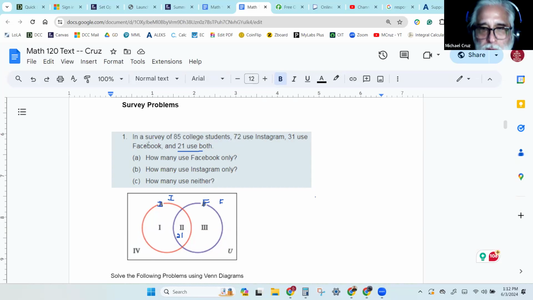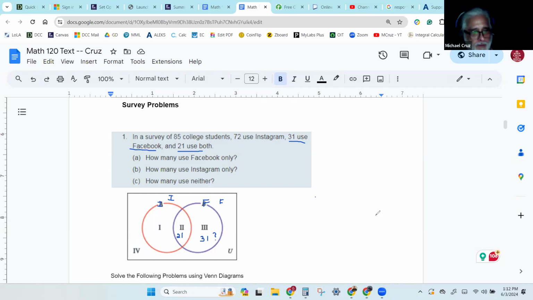So 21 use both. Now we're going to back up and we're going to go to 31 use Facebook. What do you think we're going to put in here? Can we just throw a 31 in there like this? Can I put that in there and satisfy that? What's the problem if I throw that in there? How many now are in the blue Facebook circle?